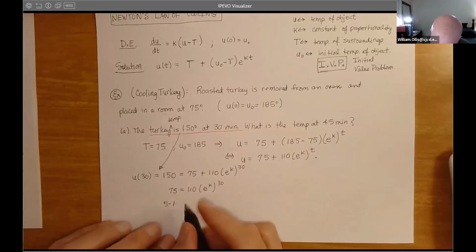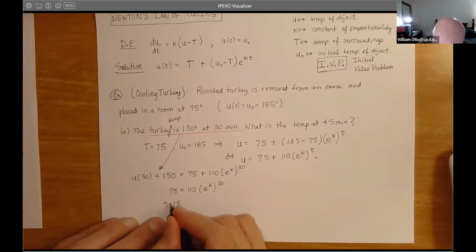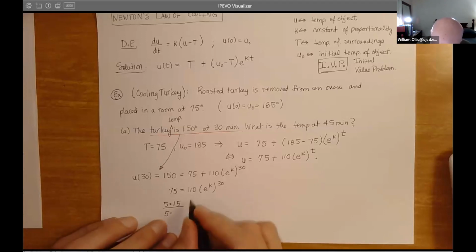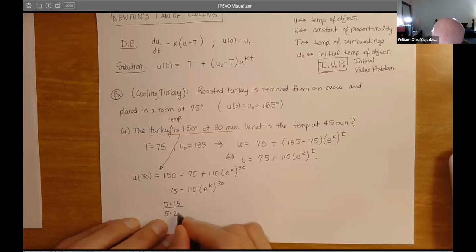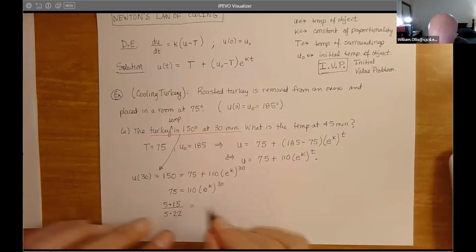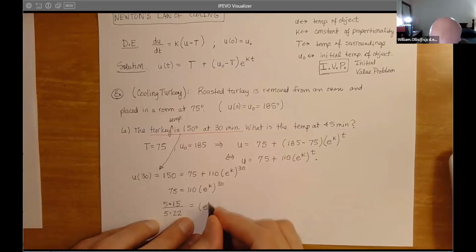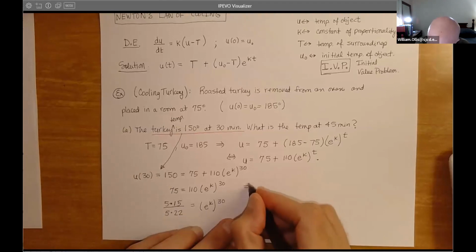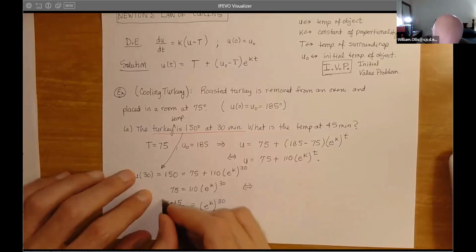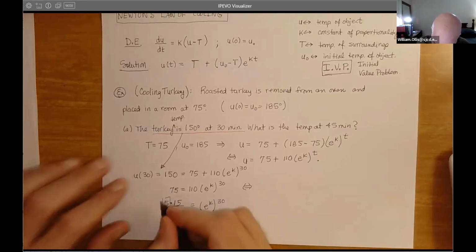And let's see, 25, 5 times a 15. And then 5 here. That'll be a 2, 22. So 75 over 110 is e to the k to the 30. If and only if, so now the 5's absorb, and we're left with 15 over 22.